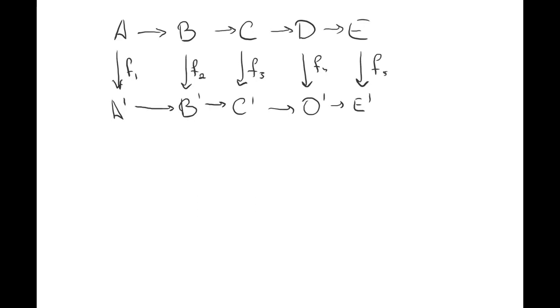Okay, so now we know that these two guys are epimorphisms, and F5 is a monomorphism. So we want to check that this arrow is an epimorphism as well.